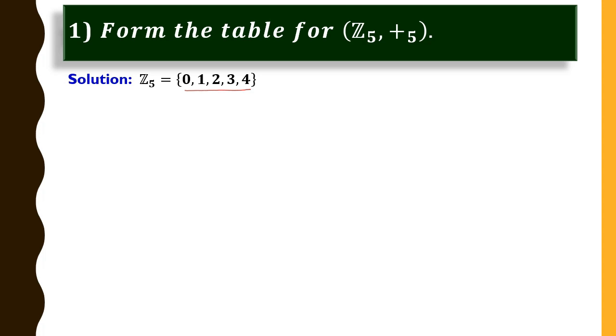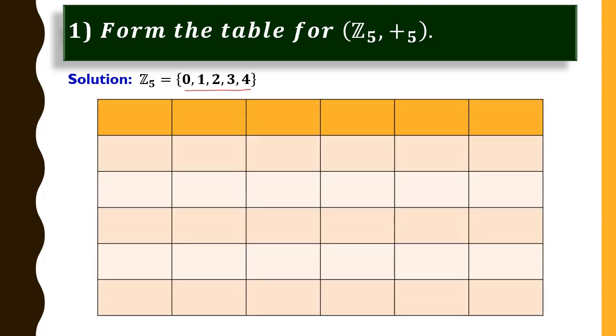Okay, now we shall write the table for this set under the binary operation addition modulo 5. So you draw the table like this. In the left top corner, you should write always the given binary operation. So the given binary operation is addition modulo 5. Therefore, I write addition modulo 5 here.